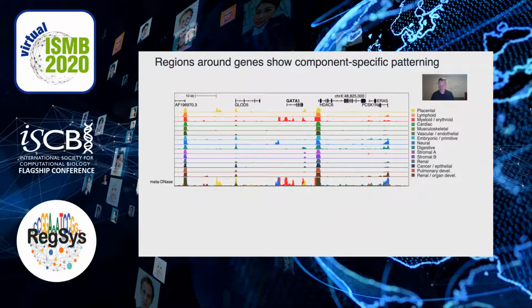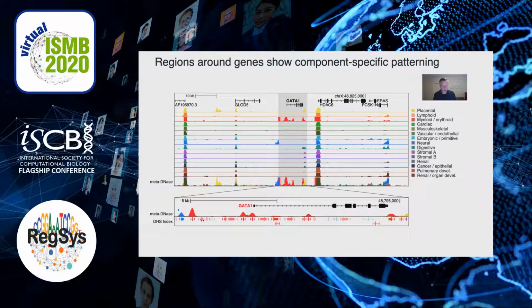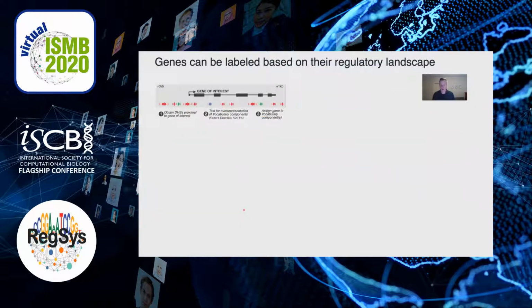We can now use this to essentially re-annotate the regulatory genome. For instance, if we look around the GATA1 gene here, we zoom into that, we see that there are a lot of DHSs that are all annotated in the same component, namely the myeloid erythroid component. And that's kind of striking because the GATA1 gene also plays a very prominent role in the erythroid lineage. And so we figured whether this is something we could exploit to start labeling genes based on their regulatory landscape.